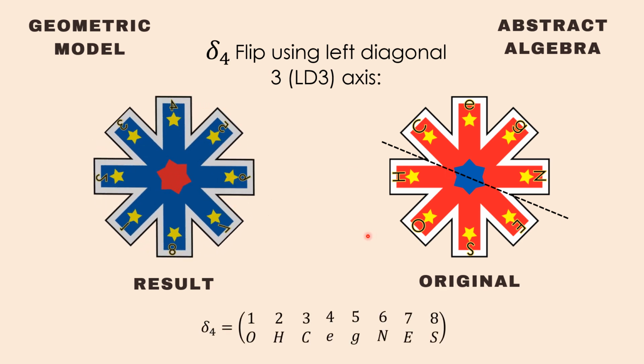The results are 1O, 2H, 3C, 4E, 5G, 6N, 7E, 8S.